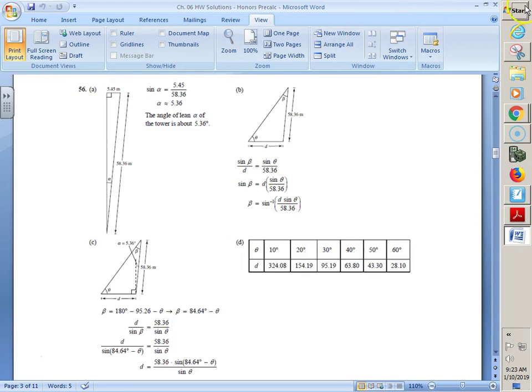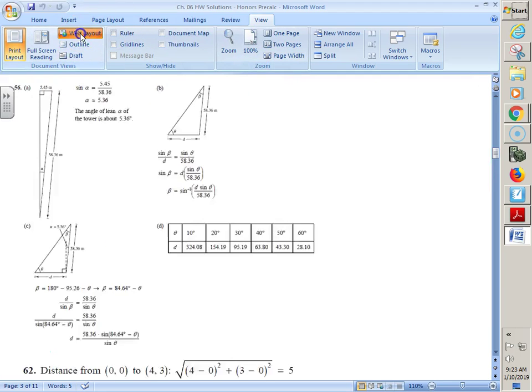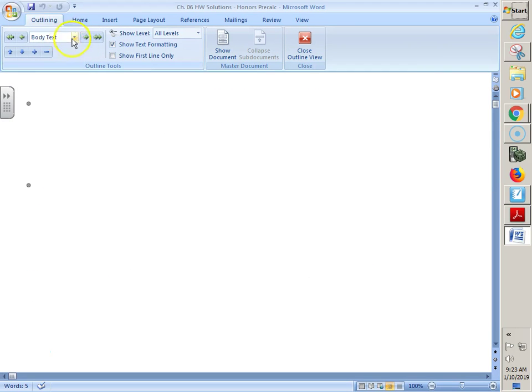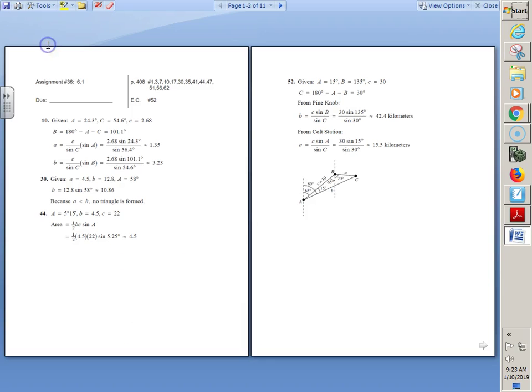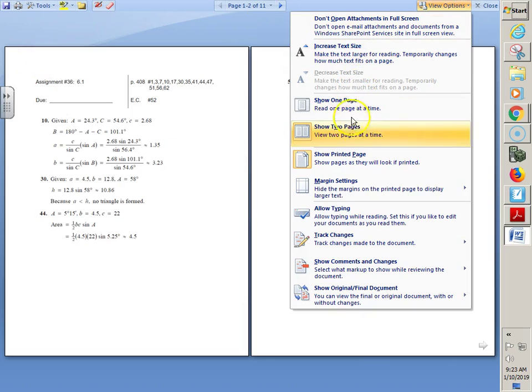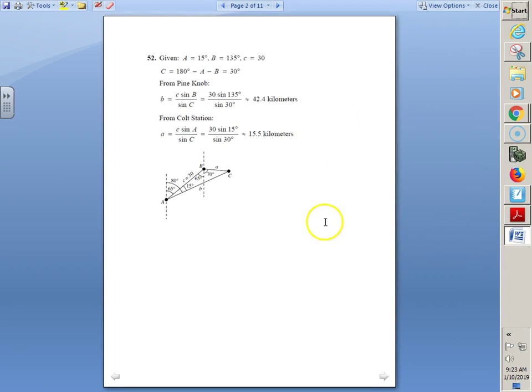How do I full screen it? Can I do that? No. Can I do that? Nope. Well, that doesn't really help you, does it? Show one page.